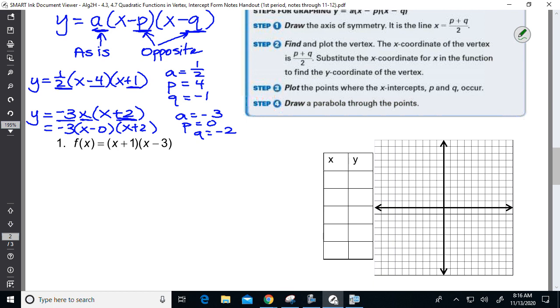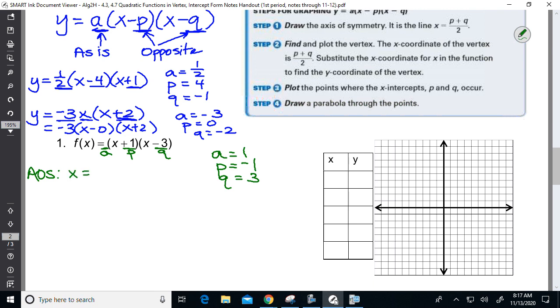If we identify the a, p, and q, a is 1. There's no number in front of the parentheses, still 1. p is -1, q is +3. Remember, you take the opposites of the numbers inside the parentheses. So, find the axis of symmetry.